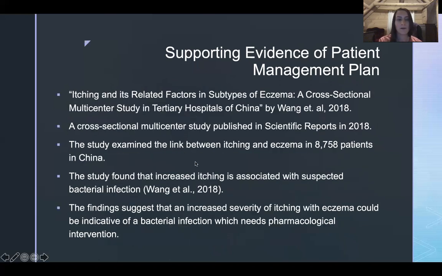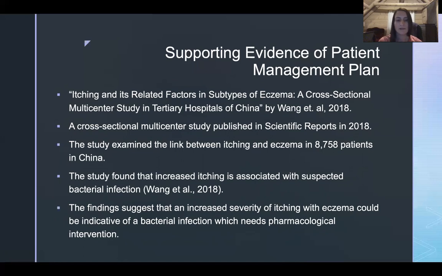Another article is called Itching and its Related Factors and Subtypes of Eczema: a Cross-Sectional Multi-Center Study of Hospitals of China. It was published in Scientific Reports in 2018. It examined the link between itching and eczema in 8,758 patients, and the study found that increased itching is associated with suspected bacterial infection.